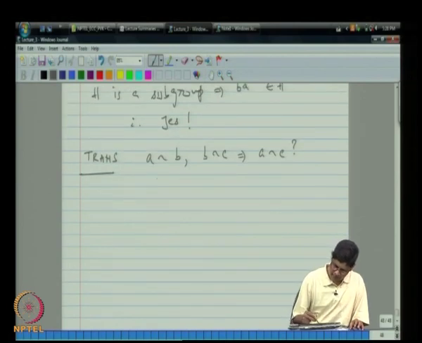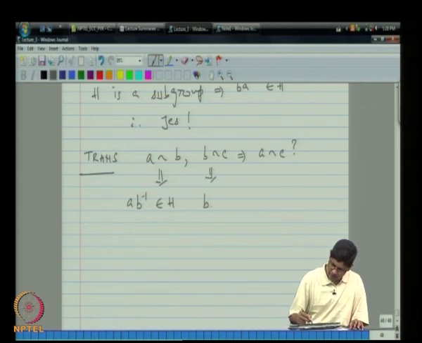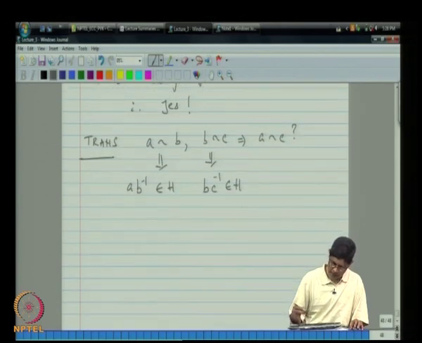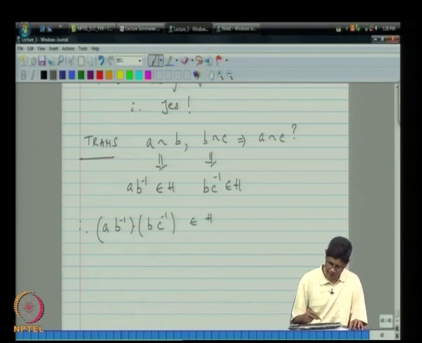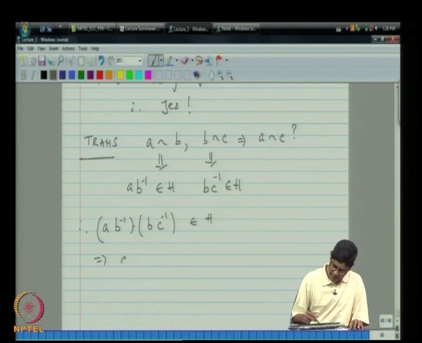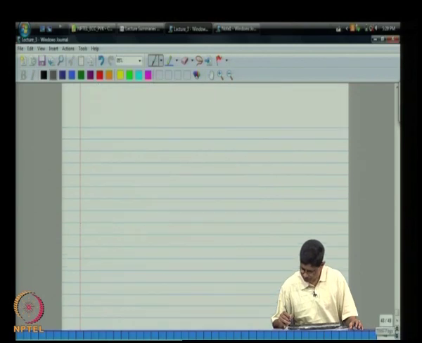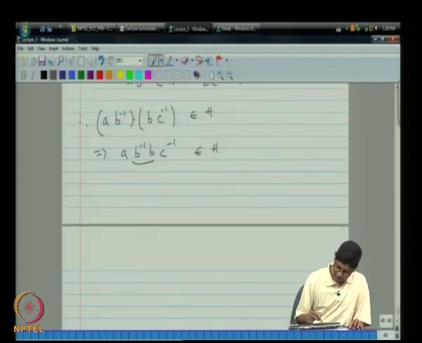Okay, A is equivalent to B is equivalent to saying that A B inverse belongs to H. B equivalent to C is equivalent to saying that B C inverse belongs to H. Therefore, A B inverse times B C inverse belongs to H, since it is a subgroup, which implies that A times B inverse B C inverse belongs to H, but this middle term is the identity.